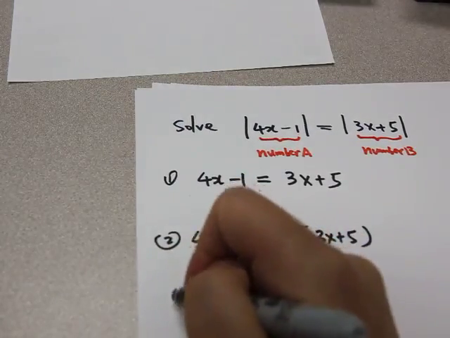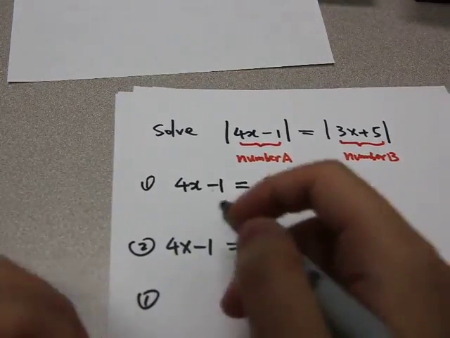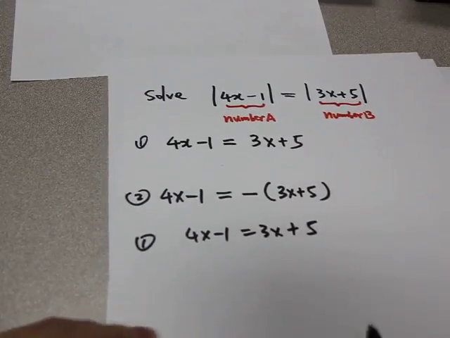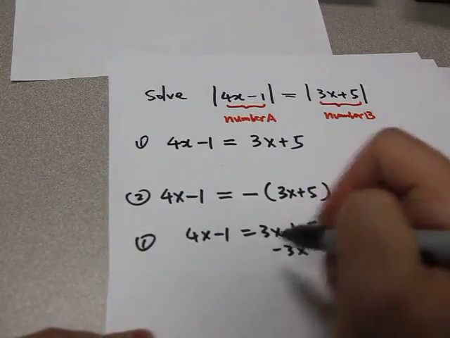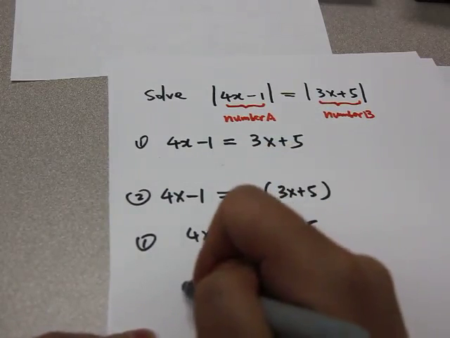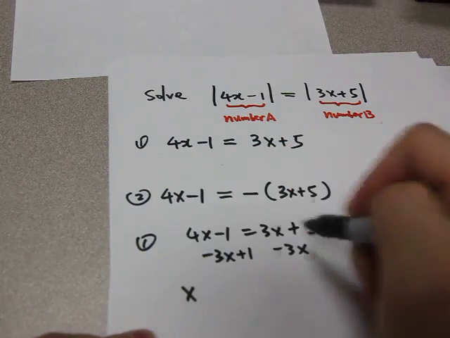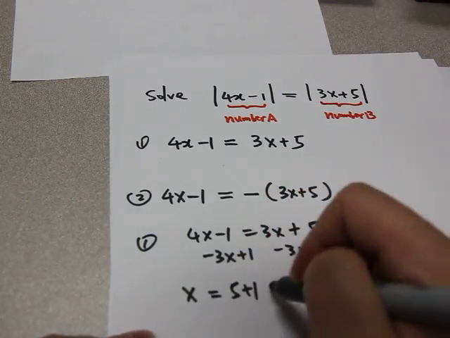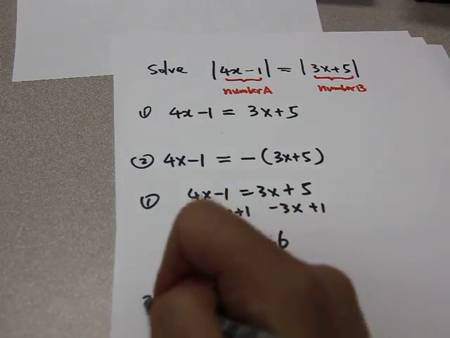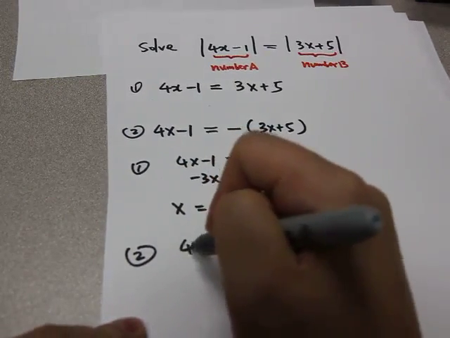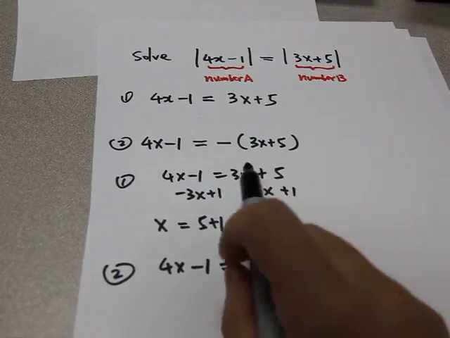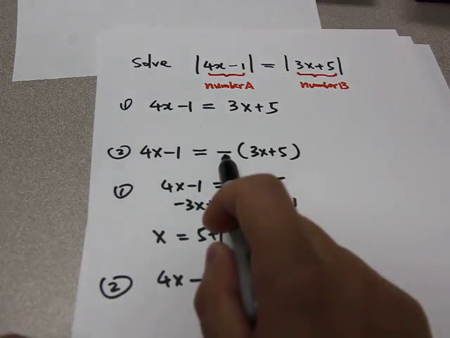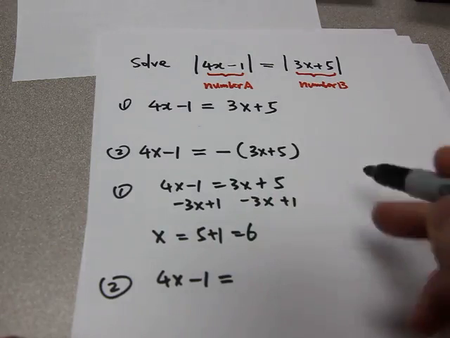Now let's start to solve them. Let's first solve equation 1. To solve equation 1, we subtract 3x from both sides, and we add 1 on both sides. So we have x equals 6, right? Now let's take a look at the second equation. 4x minus 1 equals, when we solve the second equation, first we need to multiply negative 1 into 3x plus 5.